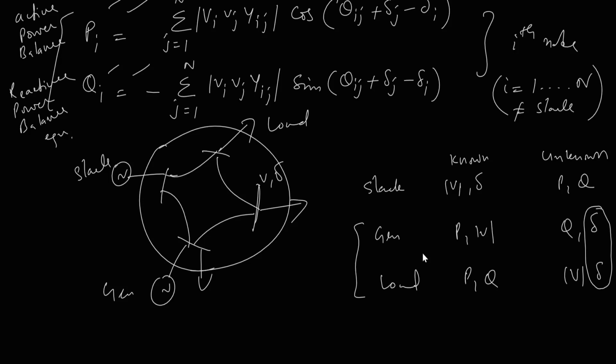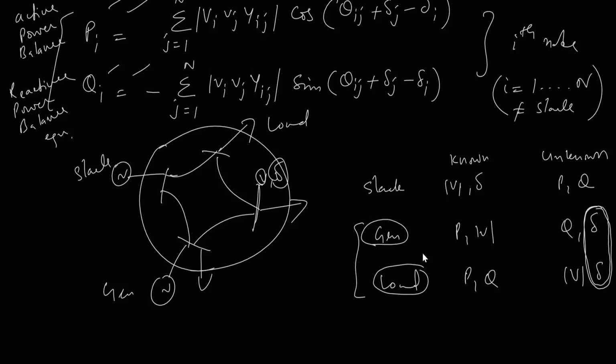Now V and delta, these two quantities are not known at how many buses? Delta is not known at all the generator buses as well as all the load buses. That means delta is to be found both at generator buses and load buses, right?